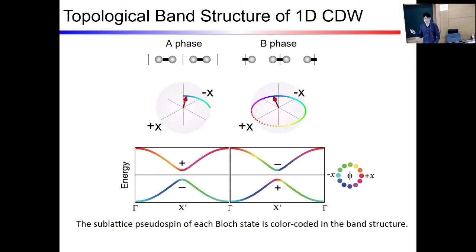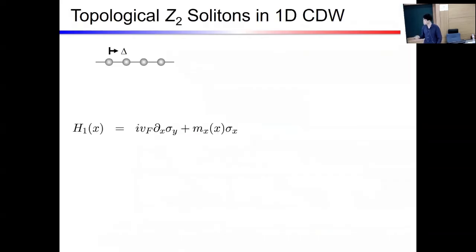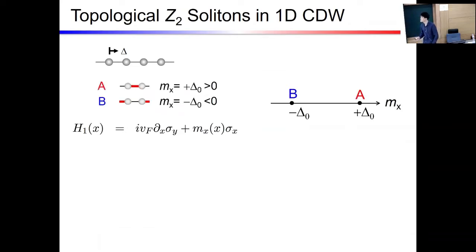So this distinct difference gives topologically different structures. So when these two meet together, the edge or boundary cannot be normal, which we call a soliton, a topological soliton.